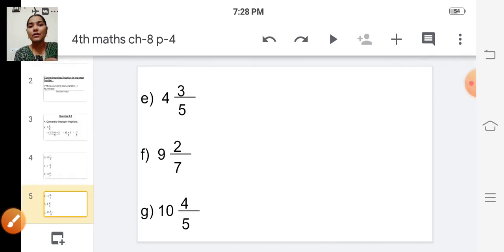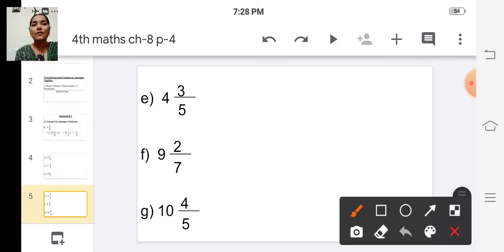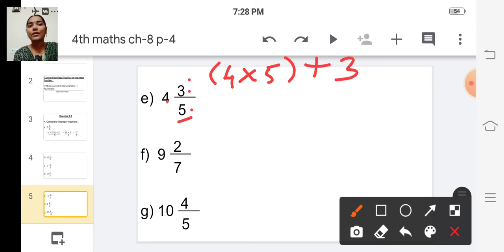And for the next one, 4 3 by 5. So use the formula whole number into denominator, isn't it? Whole number is 4 into denominator is 5. Whole number into denominator plus numerator. Numerator is 3 divided by denominator.